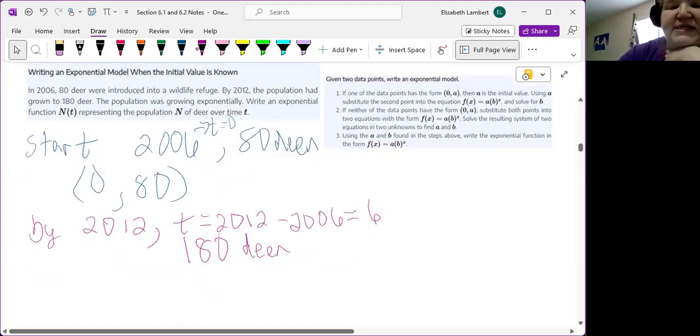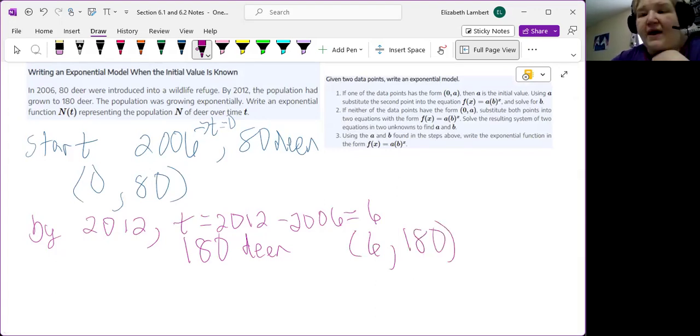So this gives us a second point: after 6 years, there are 180 deer. We have 2 points. In the generic exponential function, there are 2 unknowns. If we have as many points as we have unknowns, we can solve. Math might get a little ugly, but we can do it.